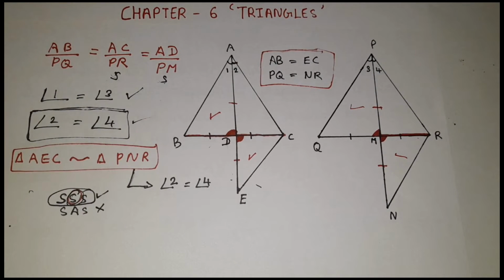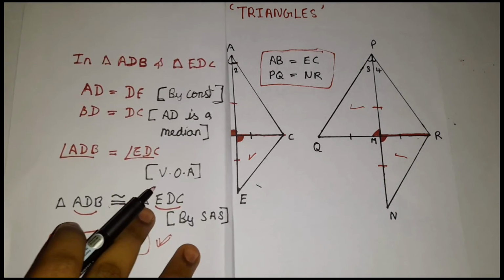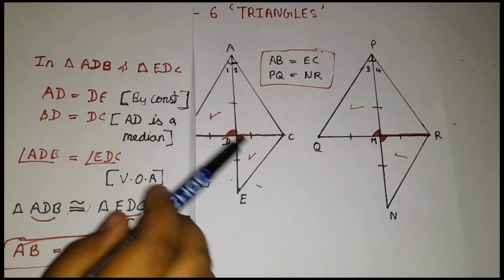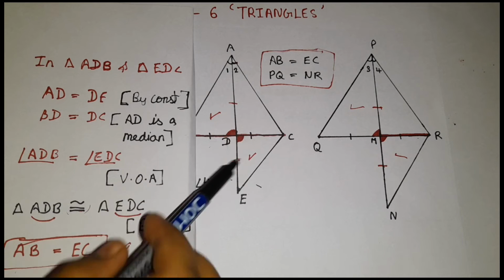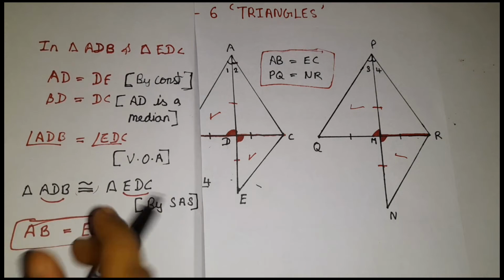Since we got PQ is equal to NR, I can just solve this. But before solving it, I would like to show one thing. When we proved these two triangles congruent, we abstracted the values.